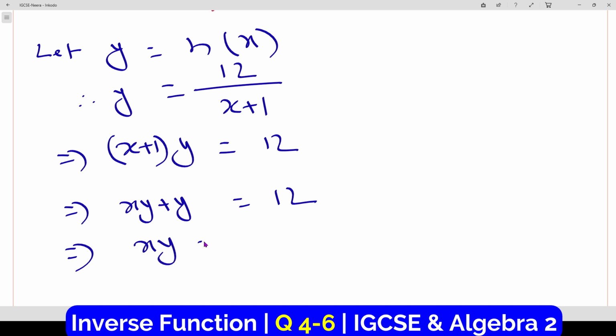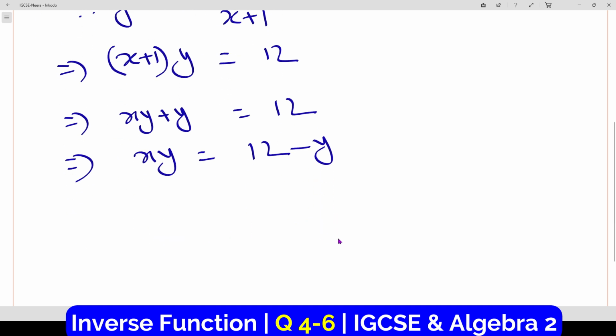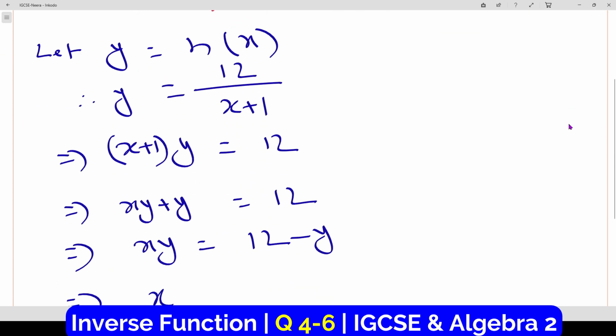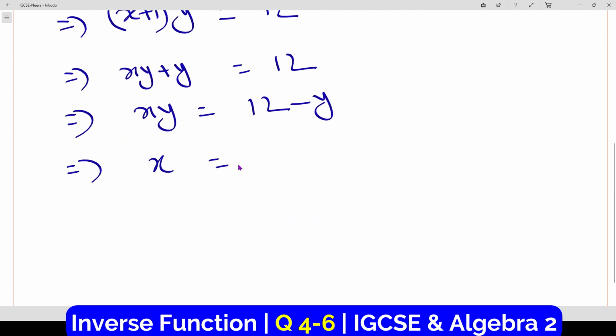Then xy equals 12 minus y. Then x equals (12 minus y) divided by y.